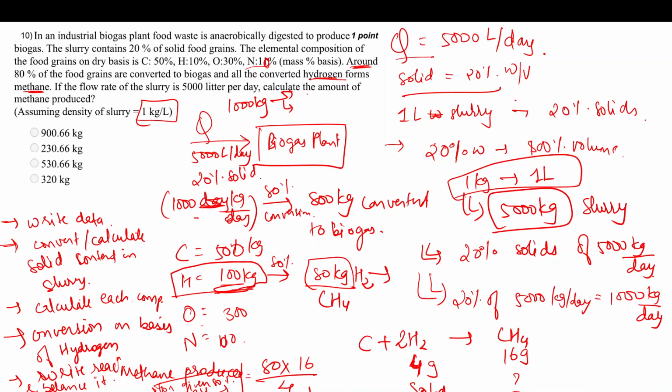The 100 kg you are looking at is the inlet, and the outlet will have 20 kg hydrogen because 80% is converted to biogas. So 80 kg will go into biogas. So it is a sort of hydrogen production which involves reaction also.